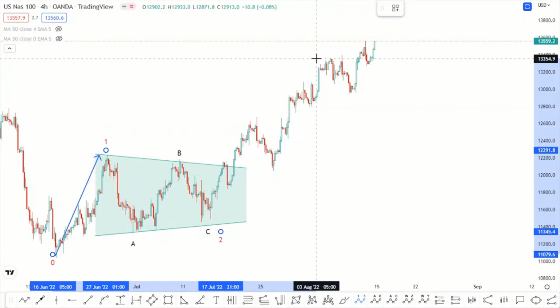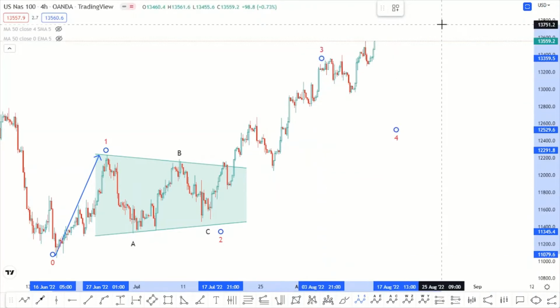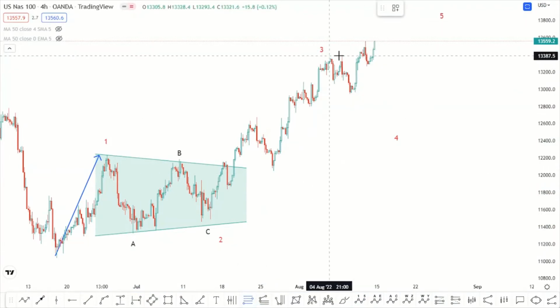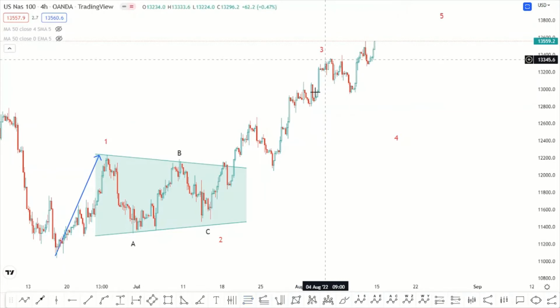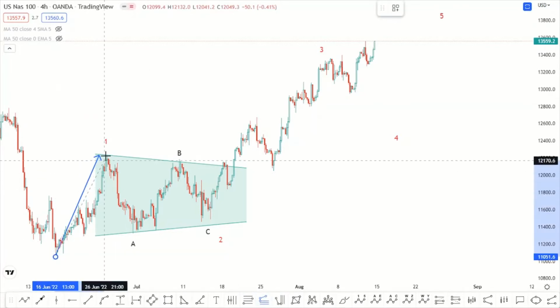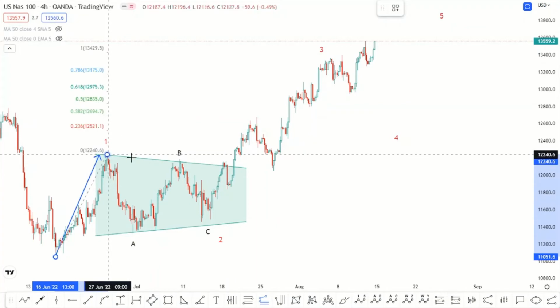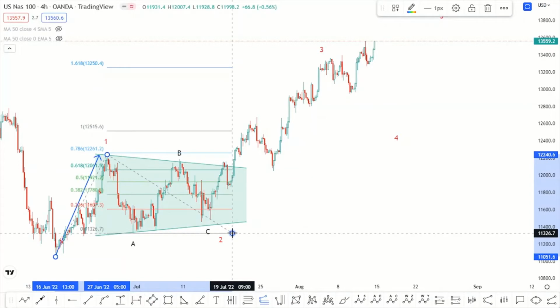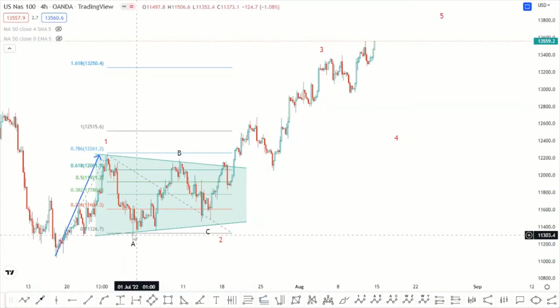First of all, we predicted 3 to be around this point, and then 4 somewhere over here. I'm going to take out my measurement so we can know where 4 should be and why we predicted 3 at this point. We take our Fib extension, from the beginning of the trend up to where 1 terminated, and then we take the termination point of the correction over here.